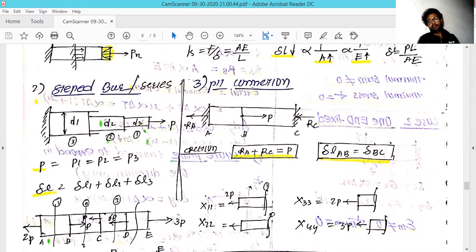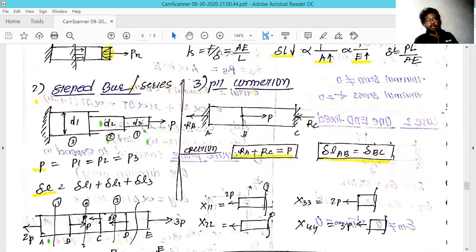If we apply the force P at the other end of the cross section, and one end is fixed, in this condition there will be change. The total change in this cross section is nothing but the combination of the change in length of these three separate cross sections. So the force developed in this cross section will be equal to the value of P, which shows that P equals P1 plus P2 plus P3.